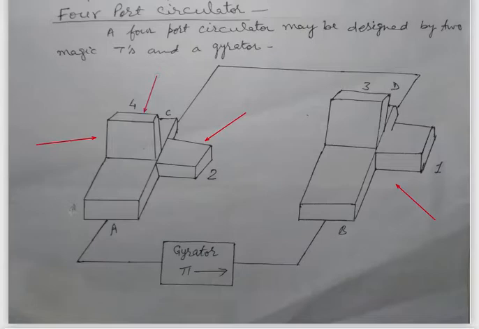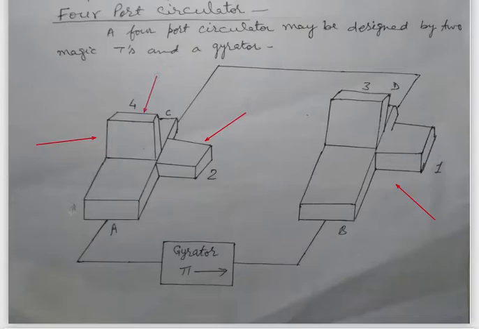Now these component waves will enter B and D. But due to the presence of the gyrator in the branch AB, it will provide an additional phase change of pi in the wave entering in branch A to B. So it means that now the two waves entering at B and D are out of phase, and therefore they will recombine and emerge from port 3.